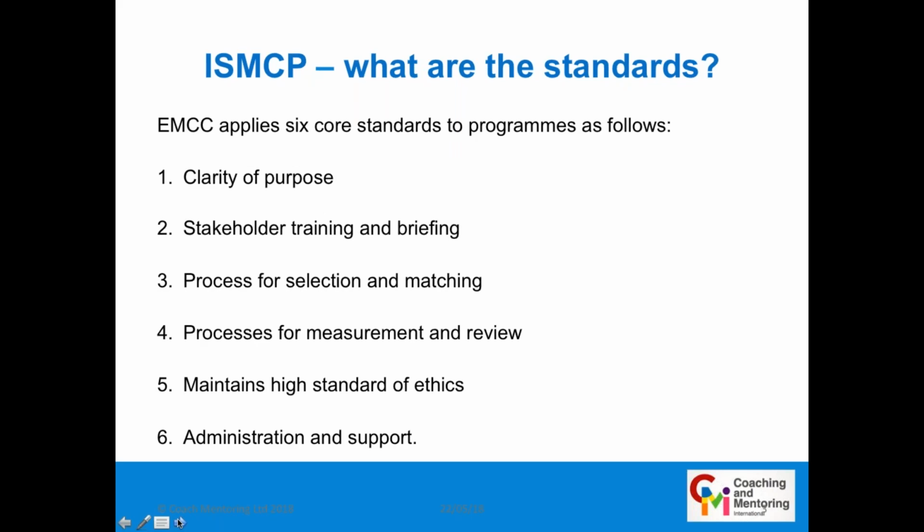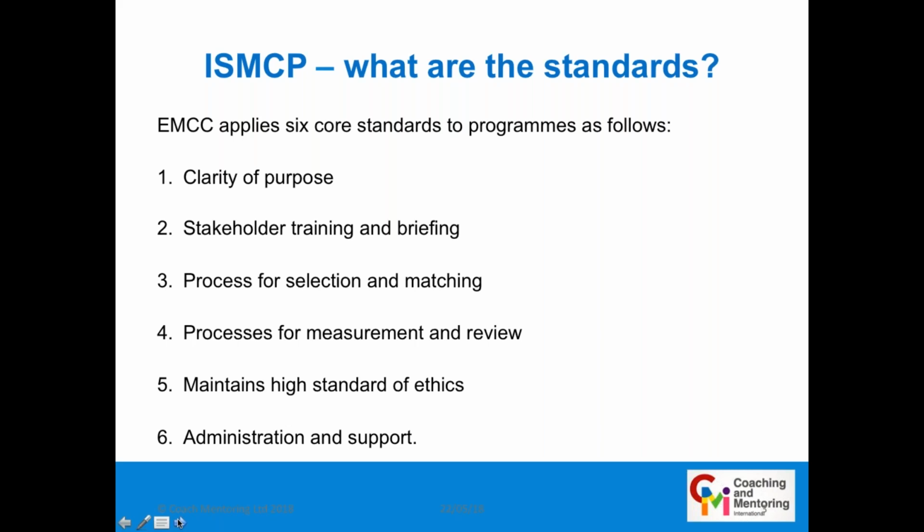Essentially, the standards look at 6 critical things that define the capability and effectiveness of a mentoring program. One is clarity of purpose: what is it there for, who's it supposed to benefit and how. The second issue is how you make sure that people are trained and briefed to do the role. We know that if you don't train anybody, the best you can hope for is about 1 in 3 relationships really delivering value.